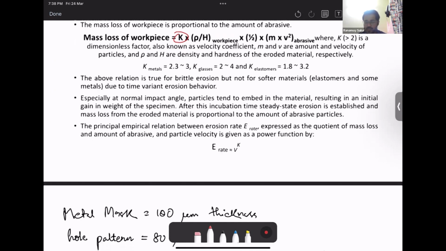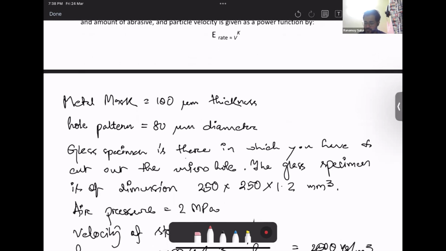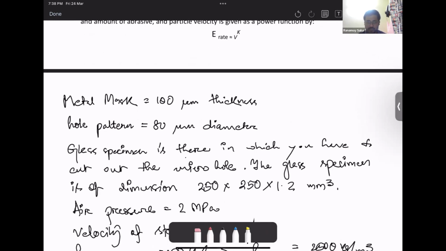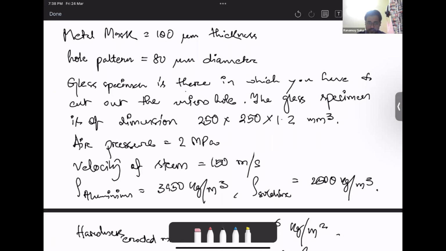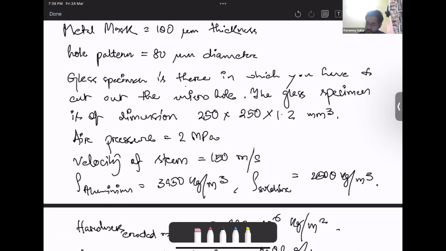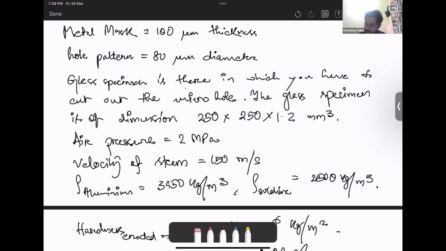Actually, let me write the formula for you. So the mass loss is given by K, the velocity coefficient, into the ratio of density to hardness of the workpiece, multiplied by kinetic energy of abrasive.